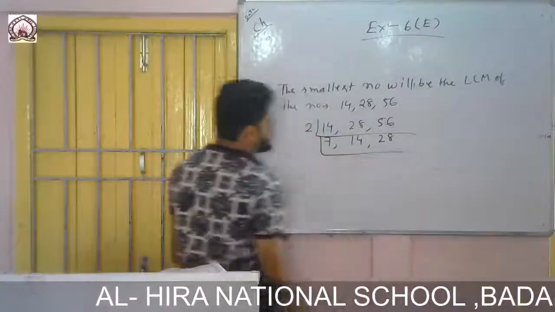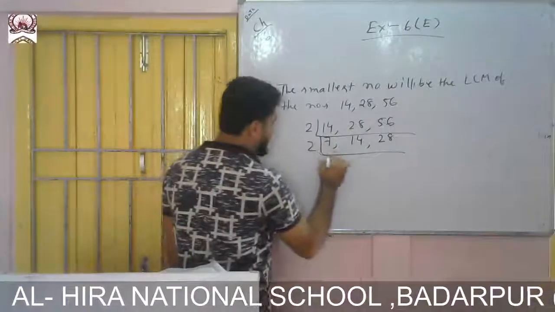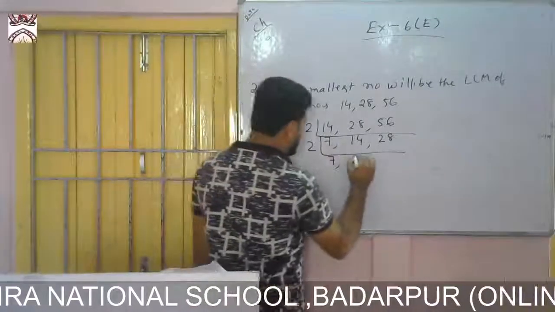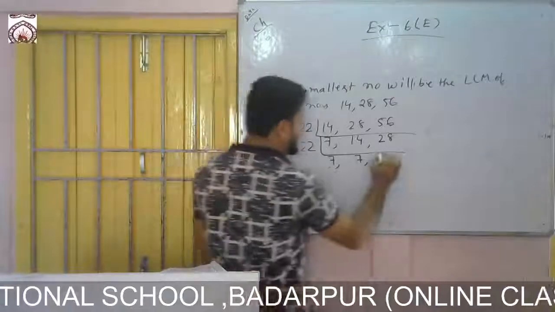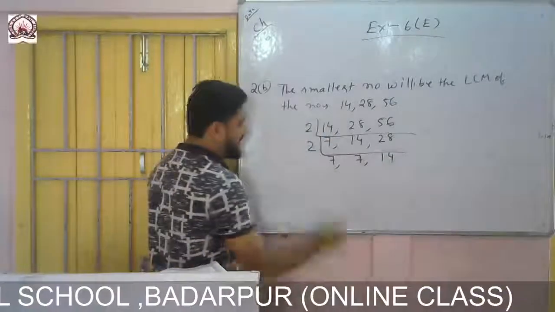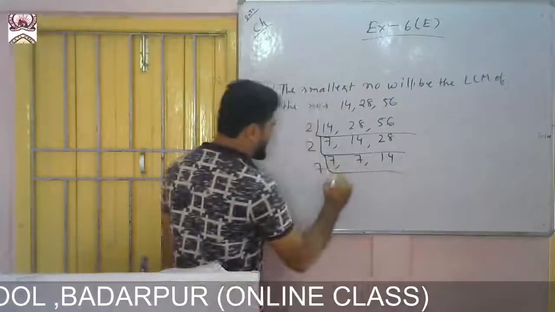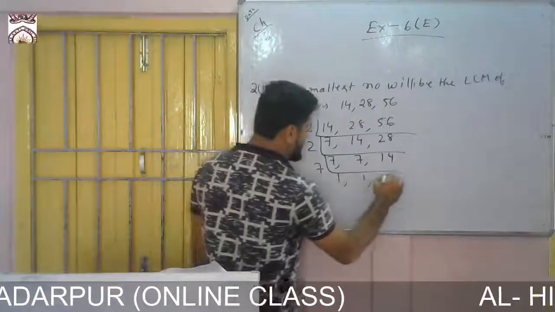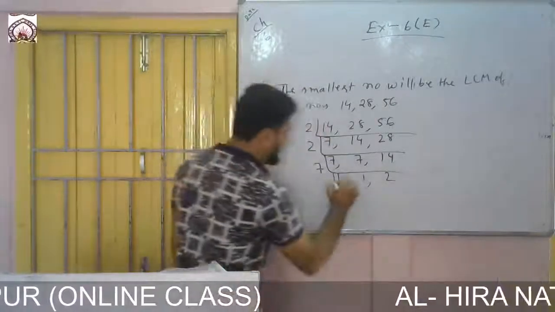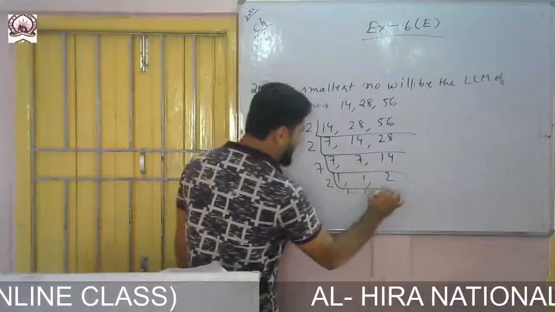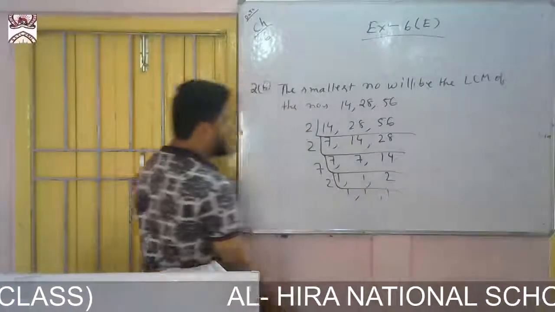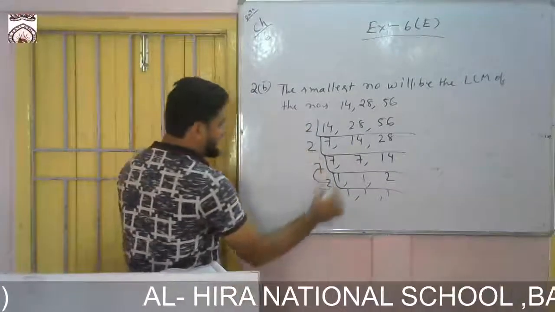Now this one I can divide with 2, keep 7, 2 7s are 14, 2 1s are 2, 2 4s are 8, 14. Now you see all this you can divide by 7. 7 1s are 7, 7 2s are 14. Now you keep this 1, 1 you keep, and here you write 1.